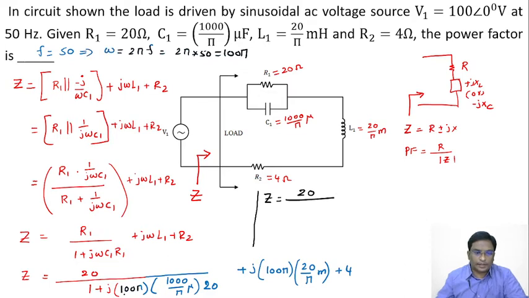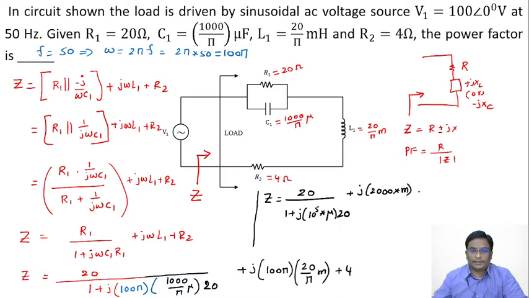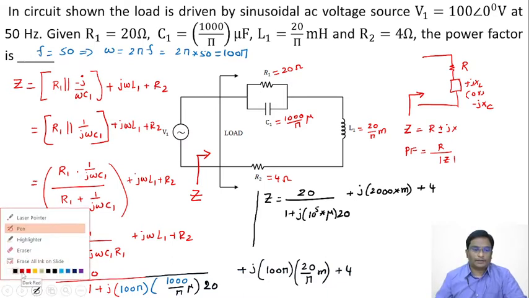Here the 100 pi and 1 by pi cancel. 100 into 1000 is 10 power 5. 1 plus j into 10 power 5, with micro, which is 10 power minus 6, into 20. Plus j into, pi cancels, 2000 into milli, milli meaning 10 power minus 3, plus 4. Let us try to simplify. Tell me what is the value of Z then?